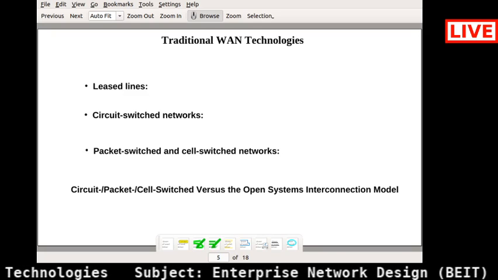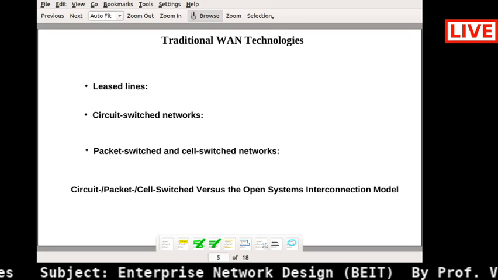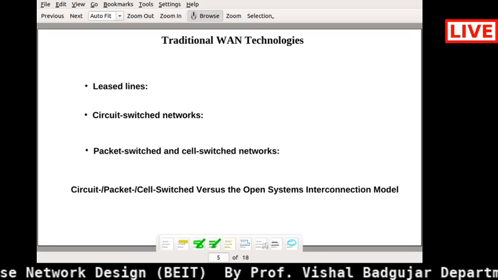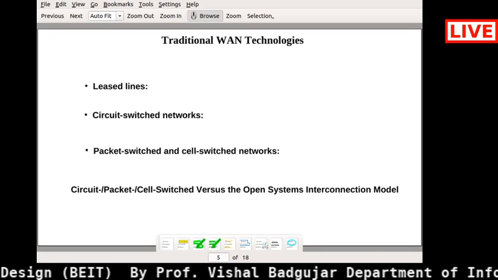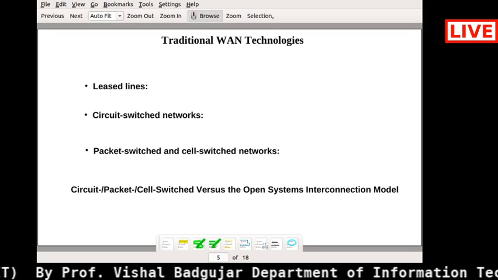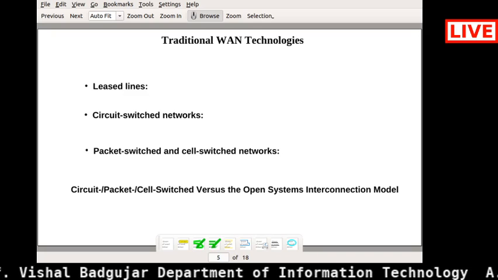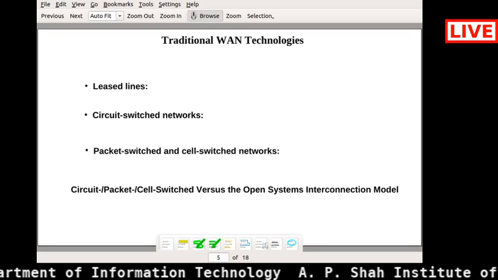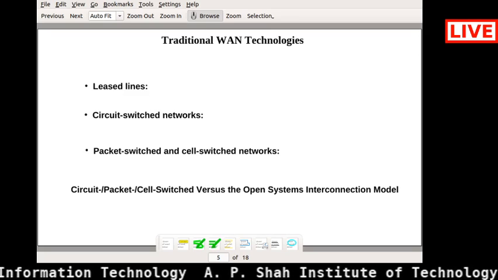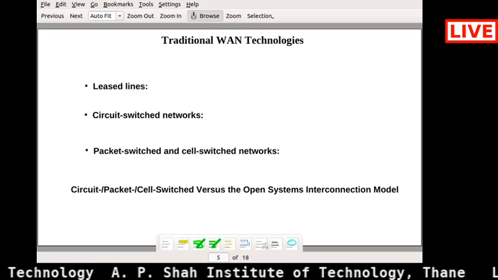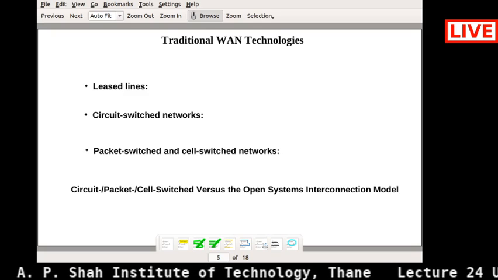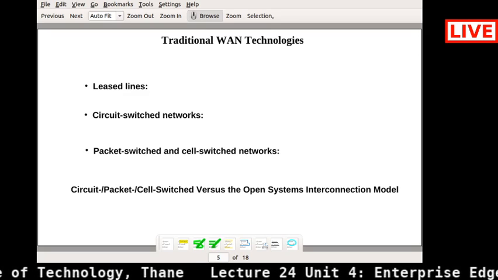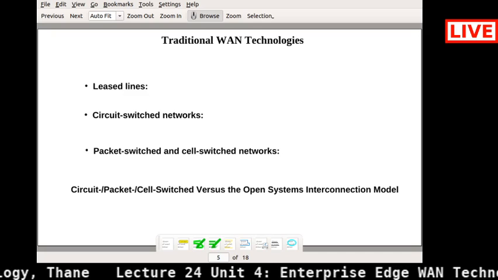We can reserve it for the transmission, and whatever the carrier establishes is the connection. It can be given either by dedicating a physical wire or by dedicating a channel, so we can call it FDM or TDM, that is frequency division multiplexing or time division multiplexing.